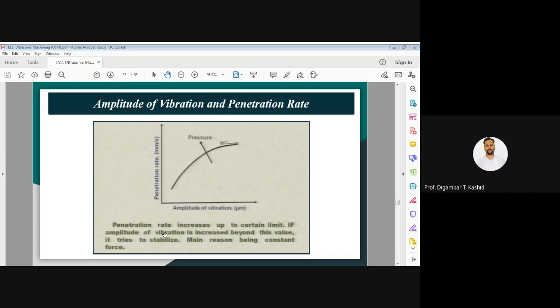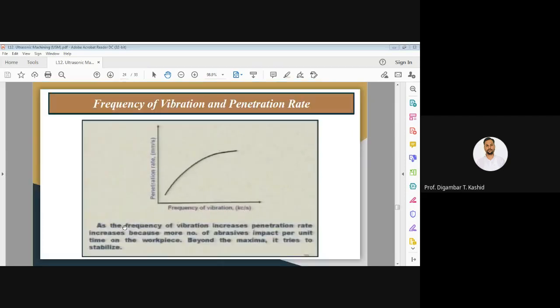Now let us discuss another relationship, that is the frequency of vibration and the penetration rate. As we can see here, as the frequency of vibration increases, the penetration rate also increases, but after a certain value it tries to stabilize.